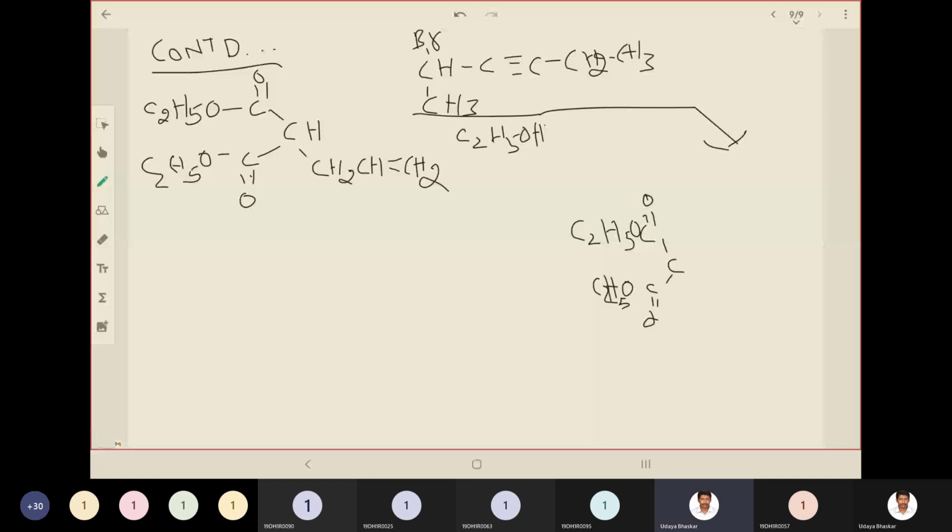To this we have added 2 side chains. That means they will result in the 5th position.